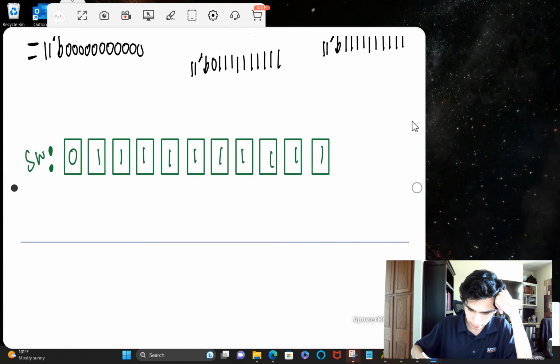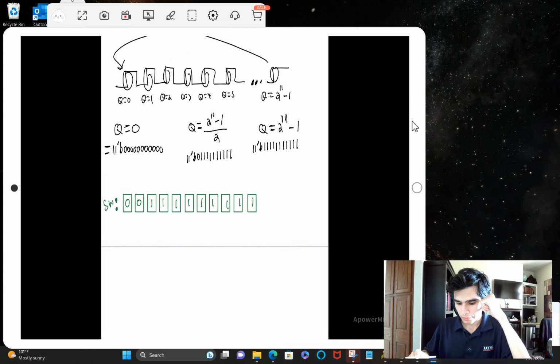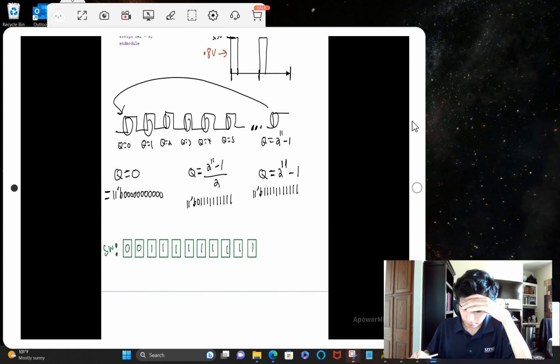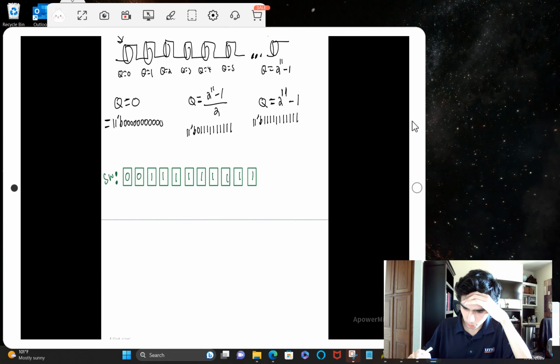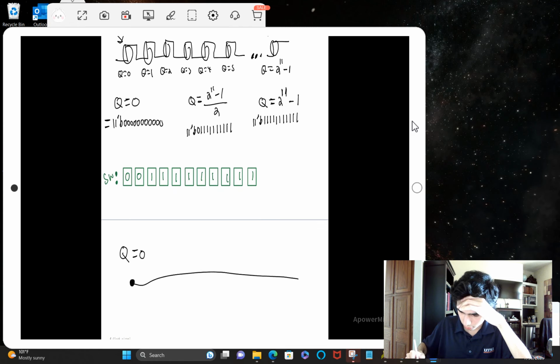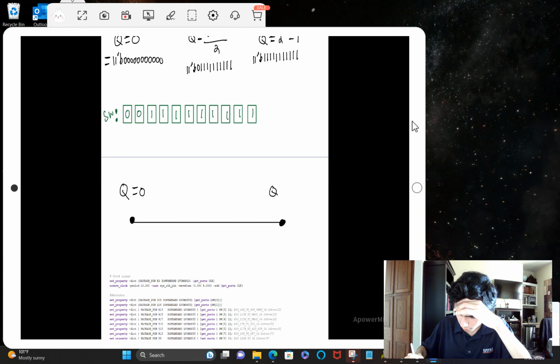Say we set switch to be equal to this. Well then, so we have Q equal to 0 at the start, 2 to the 11 minus 1 at the end.